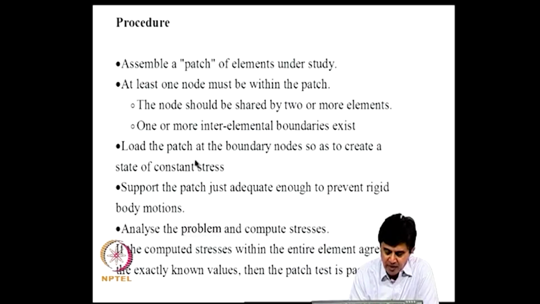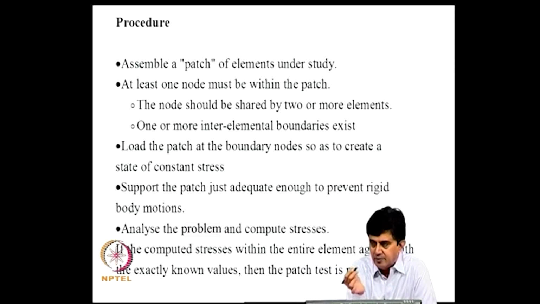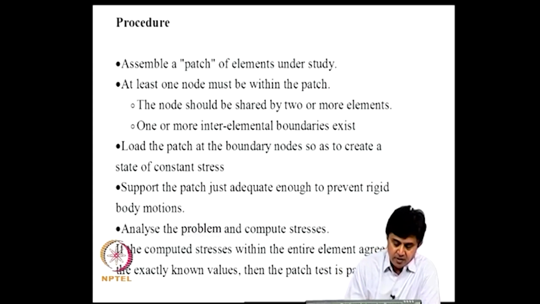Now, we load this patch at the boundary nodes so as to create a state of constant stress. This state of constant stress can be with respect to one of the stress components. For example, in a 2 dimensional problem, it can be a state of constant stress in sigma xx or sigma yy or sigma xy. Now, we support the patch just adequately to prevent rigid body motions.